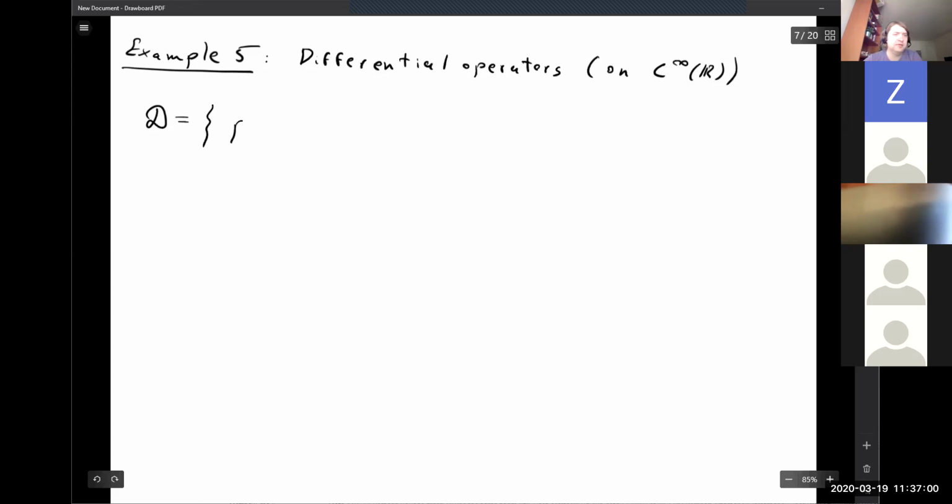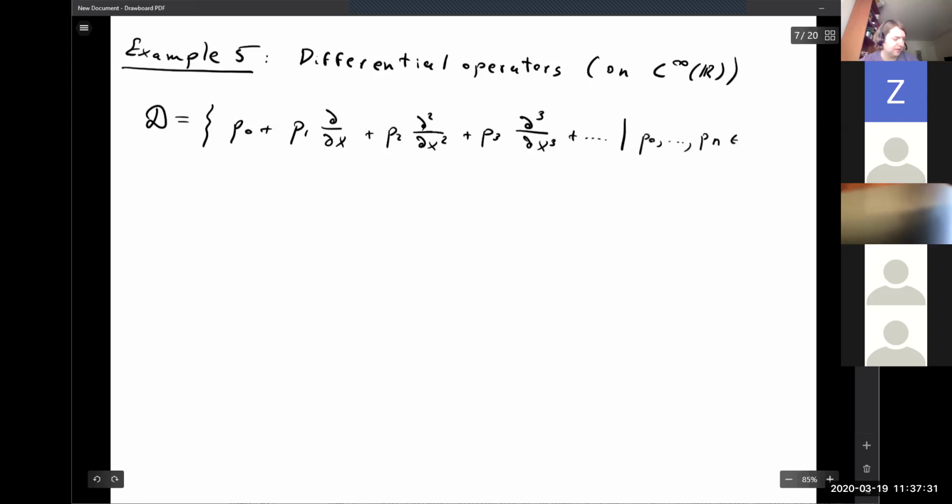So as a set, this will be the following expressions: P0 plus P1 d by dx plus P2 d squared by dx squared plus P3 d cubed by dx cubed, etc. So here P0, these coefficients, all the way to Pn, belong to C infinity of R. They are just C infinity functions of R. This is a ring.